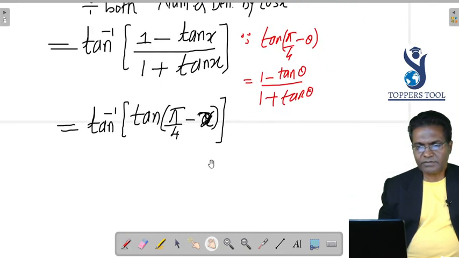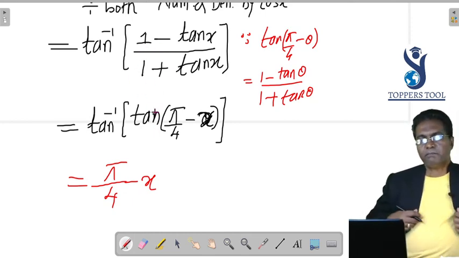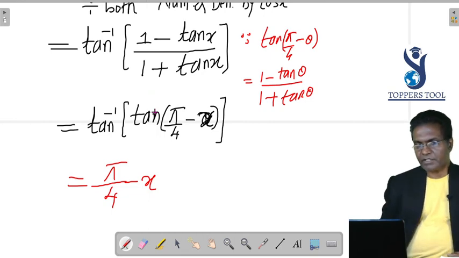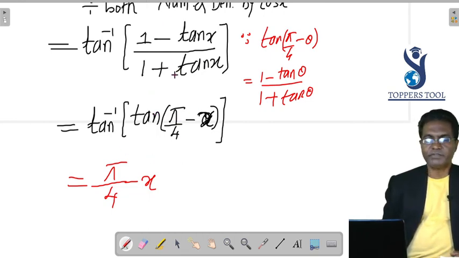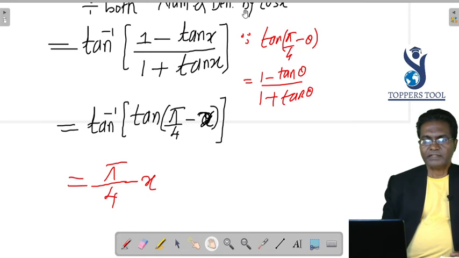Okay, so this is pi by 4 minus x. Okay, it can be done in another way also, using the properties of inverse trigonometric function, but I prefer this. Most of the students get confused. So better you use this. Okay, so let's have another example.